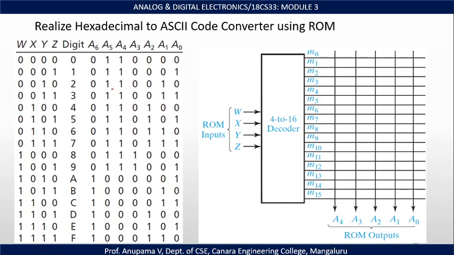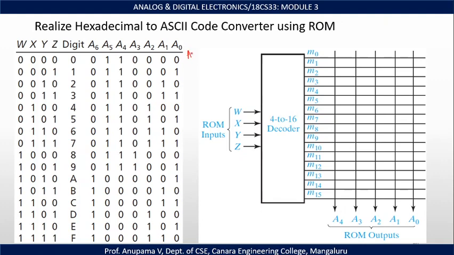Now if I see the truth table, we will implement the functions for the outputs A0, A1, A2, A3 and A4. First let us write the function for A0.